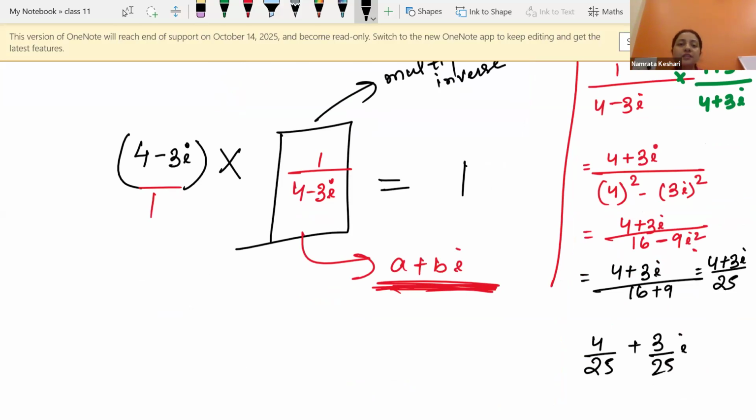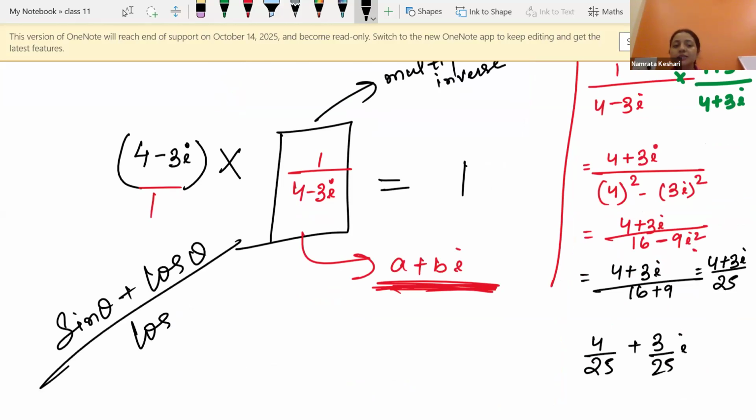Do you know, in the trigonometry chapter in the previous class, if you had sine theta plus cos theta by cos theta, you used to write it as sine theta by cos theta plus cos theta by cos theta. Yes or no?